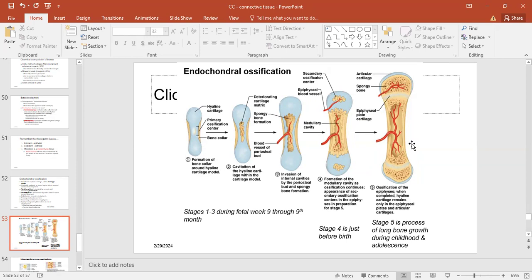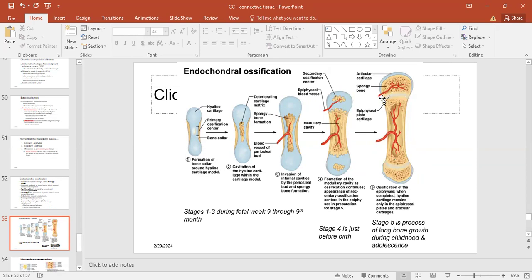As this person is growing, remember we talked about cartilage not completely ossifying at birth. We remain with a certain layer of cartilage, which is known as an epiphyseal growth plate.